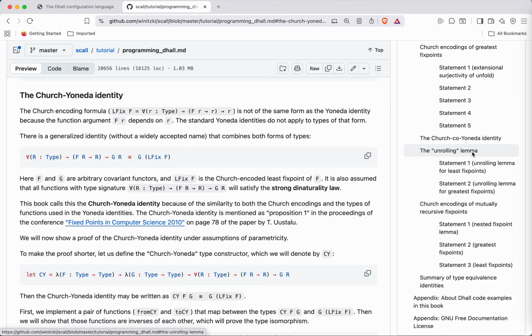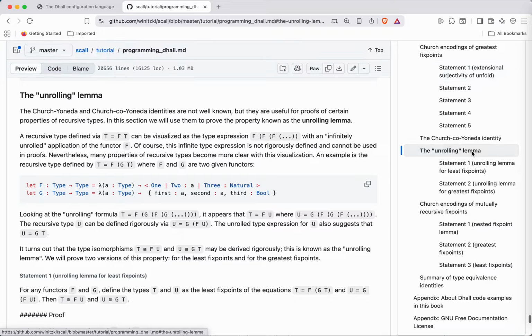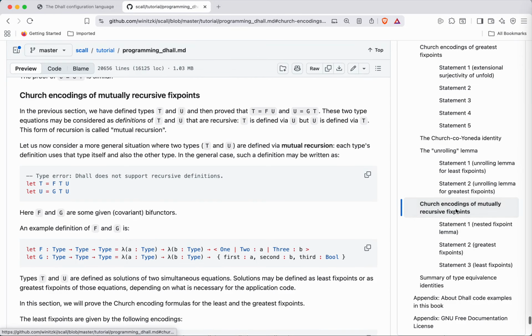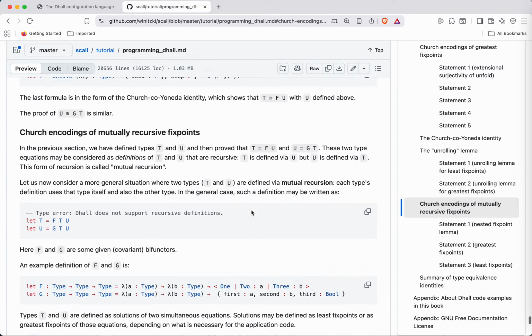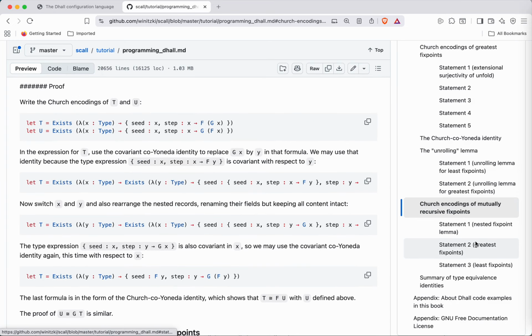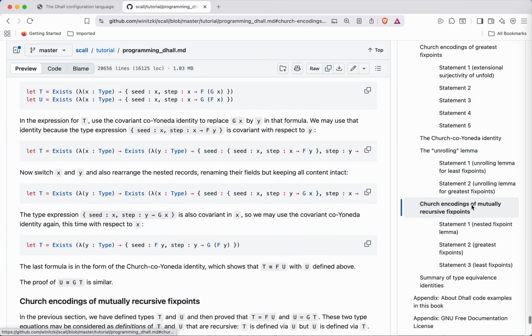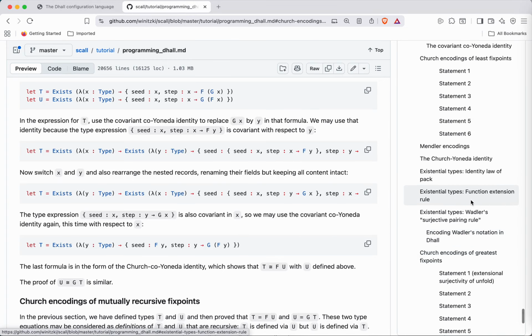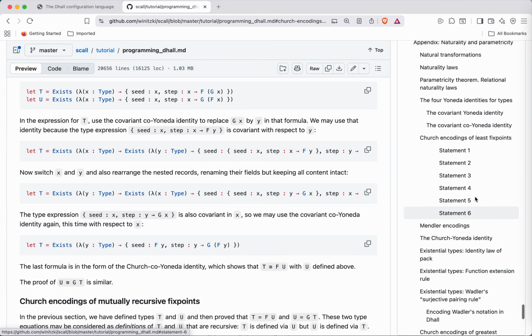Curious little facts that I need for other proofs, which are actually interesting on their own, perhaps. How to prove, for example, the Church encoding for mutually recursive types, how to prove the unrolling lemma, and there is something called the nested fixed point lemma as well.